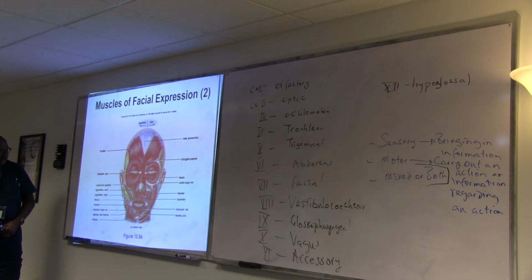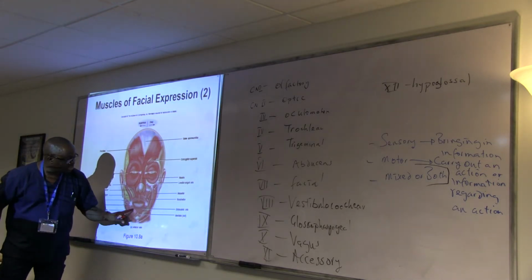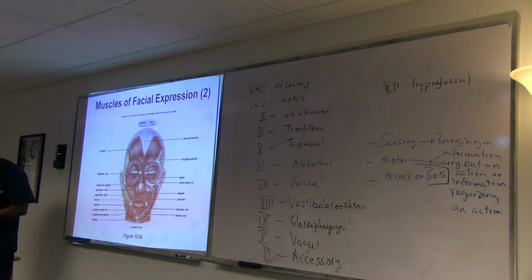So let's take another one. Oh yeah, let's take the kissing muscle. The kissing muscle. All right. Let's look at orbicularis oris. Orbicularis oris, which is part of what? The kissing muscle. Okay.